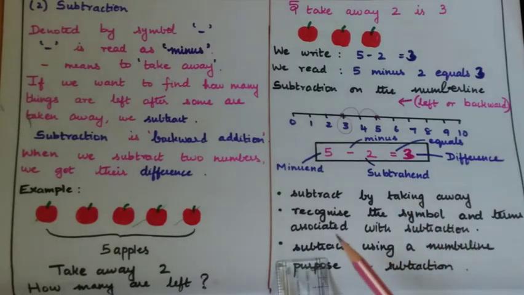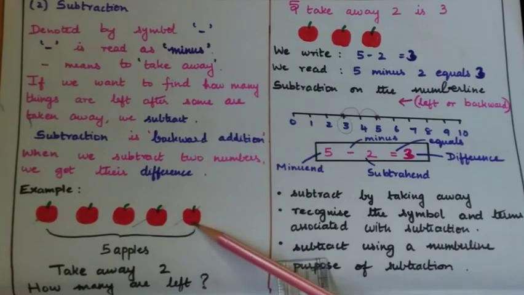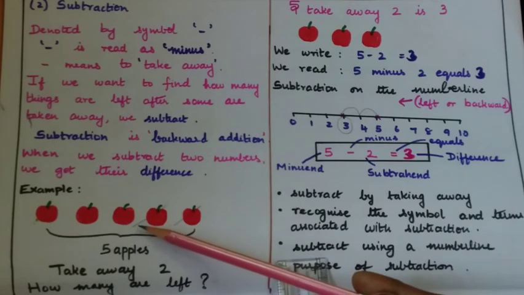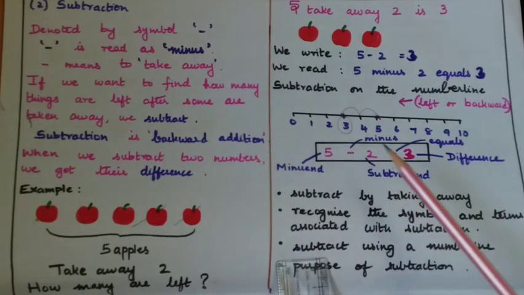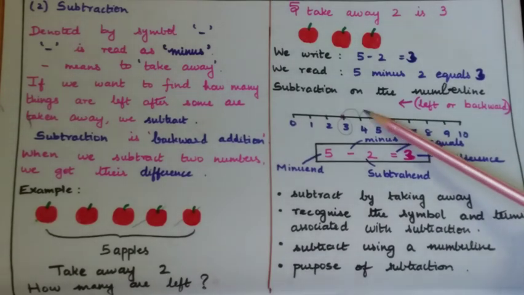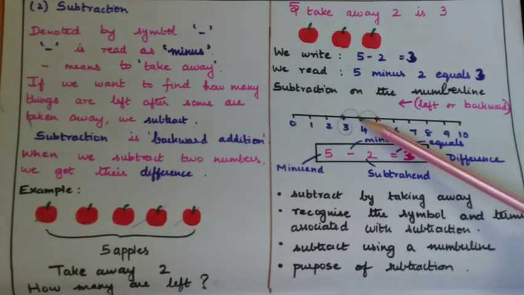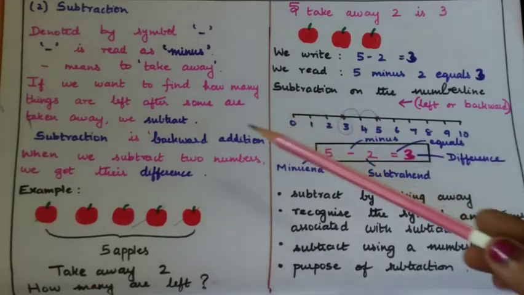So by the end of this, the child should be able to subtract by taking away. At least by putting a cross over the items which are being taken away, the child should count the remaining items and say the correct answer. Secondly, they should be able to recognize the symbols and terms associated with subtraction, and also they should be able to subtract using a number line, and they should be clear that while subtracting they should move towards their left and while adding they should move towards the right.